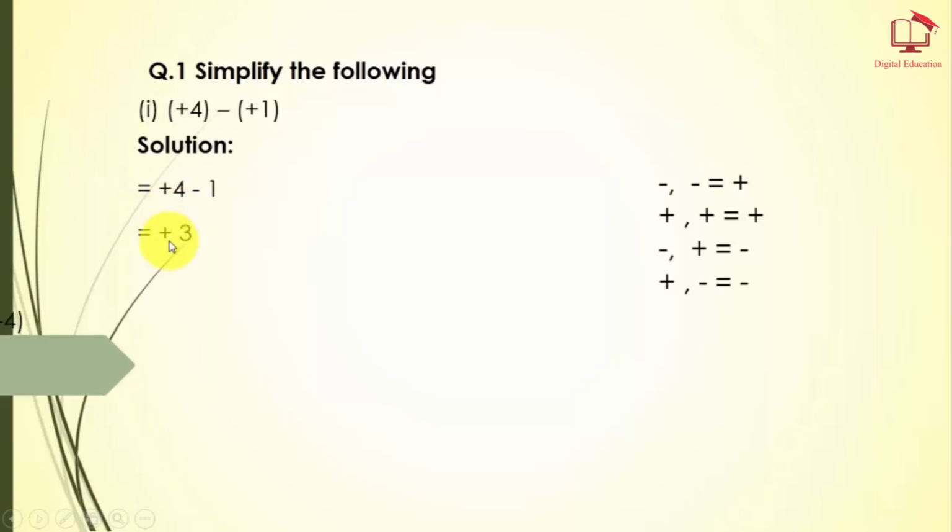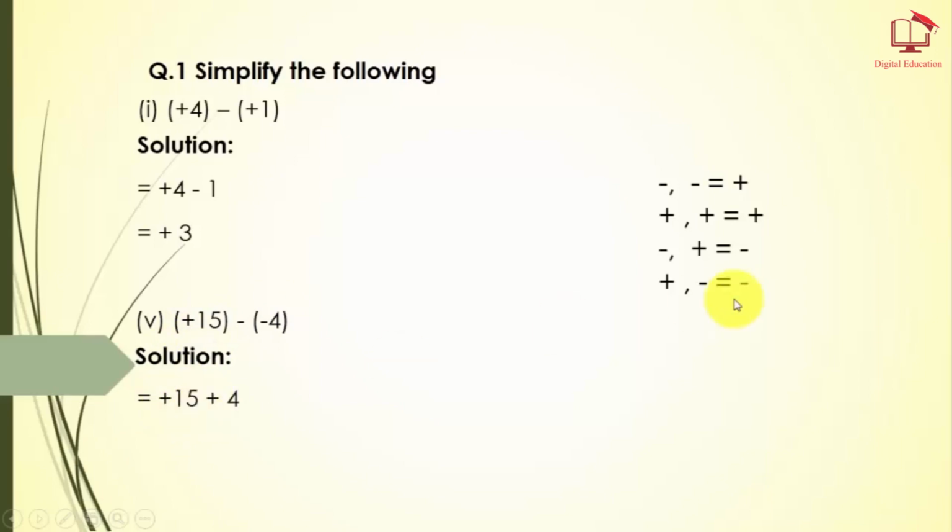write here positive. Part number 5, we have positive 15 and minus between them and minus 4. Here you can see again minus minus we have positive. If we multiply two minus symbols, the answer is positive, and 15 we will write as it is.